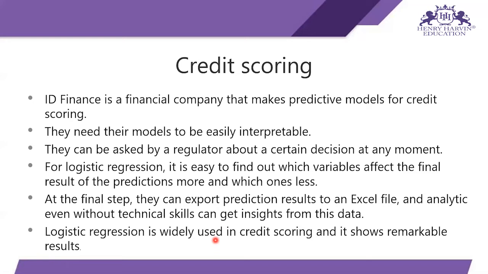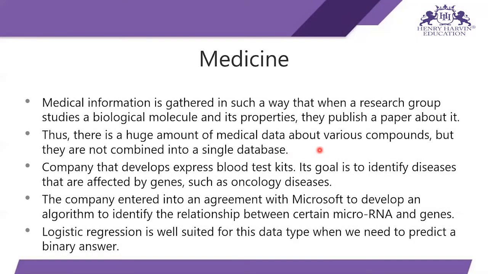Basically, in credit card scoring, logistic regression plays a major role, where it can be used to find out which decisions are very effective, which decisions are less effective, and which decisions we should take. It helps to export the predictions to Excel files, and without any technical skills, we can use those insights from this data to get an estimate of how we have to perform. Next is medicine.